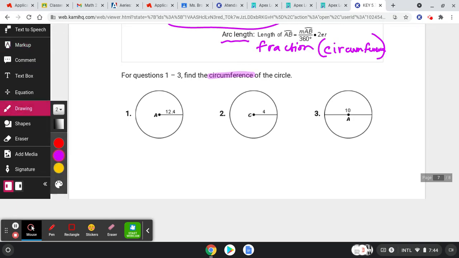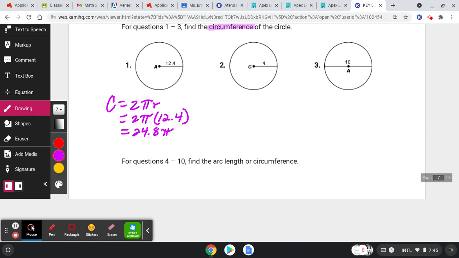So here we go. All we're using to start is the 2 pi r. I'd like you to give your answer in terms of pi and an approximate answer using the 3.14. So plug in your radius. Notice 2 times the 12.4 is going to give us 24.8 pi. There's my exact answer, 24.8 pi.